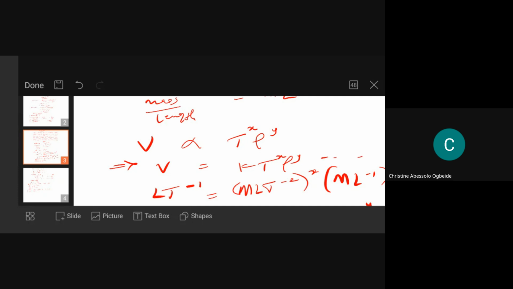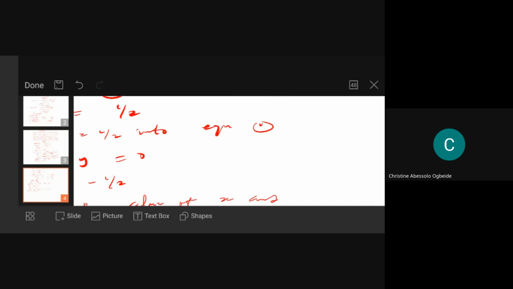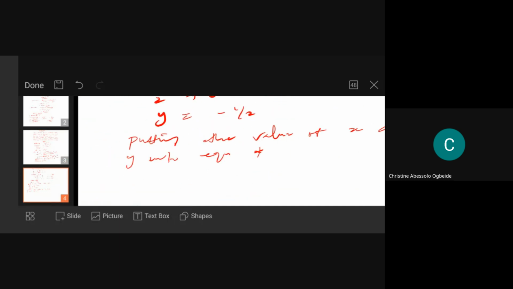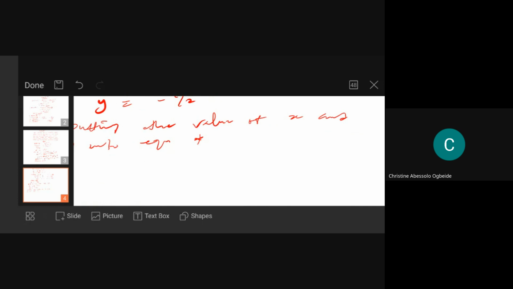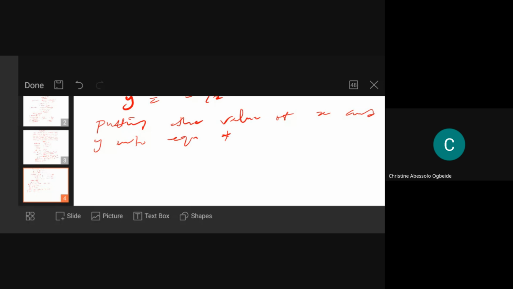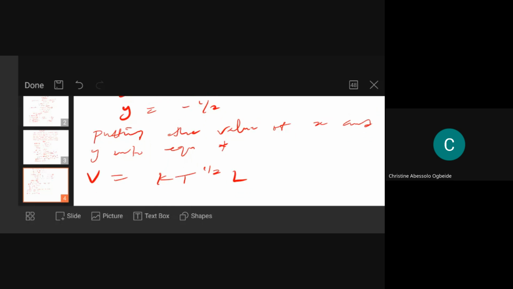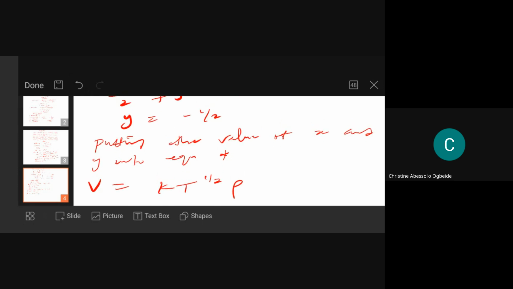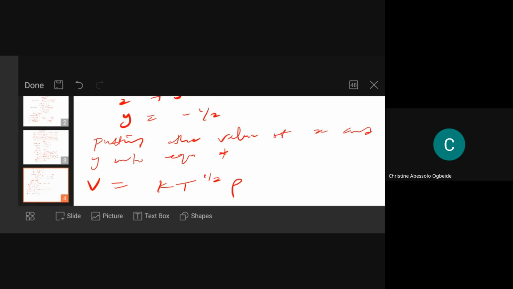This equation star right here. If I put the value of x and y into the equation, what I'll be having is that v is equal to k t, remember, t raised to power x, and x is half, then rho raised to power y, and y is simply minus half.